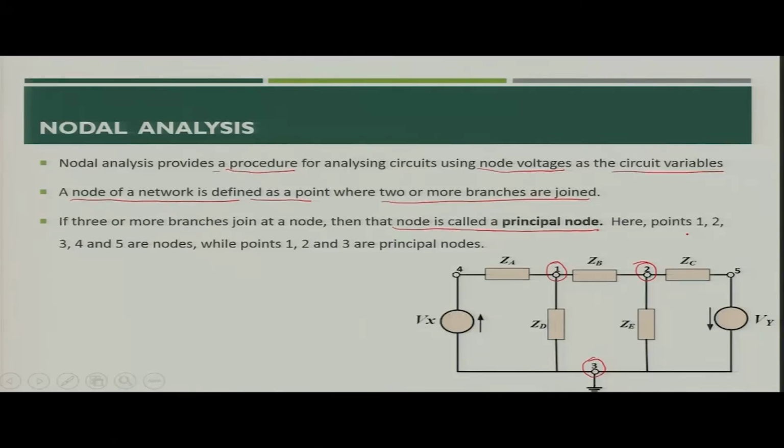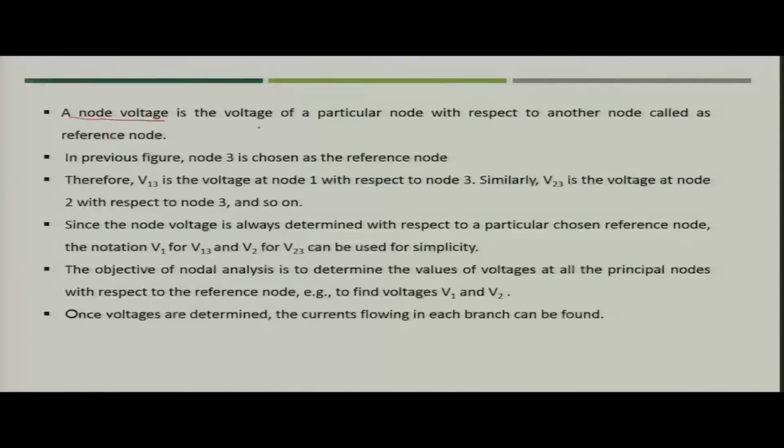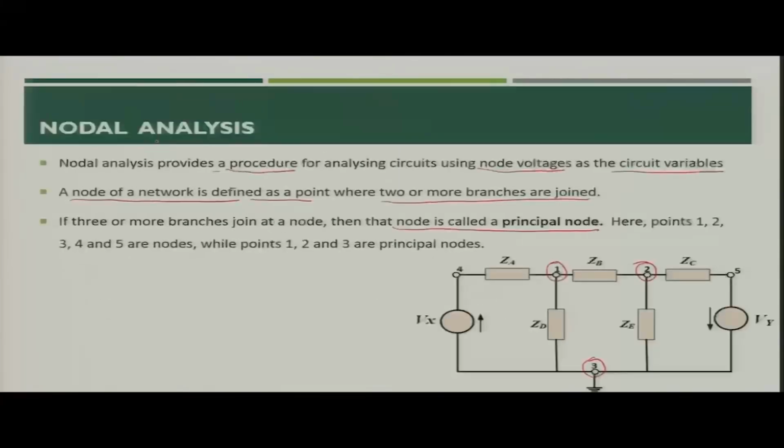Let us see the significance of the principal nodes. What is the node voltage? Node voltage is the voltage of a particular node with respect to another node, which is called the reference node. If you say this is V1 3, that means V1 voltage with reference to reference node number 3.